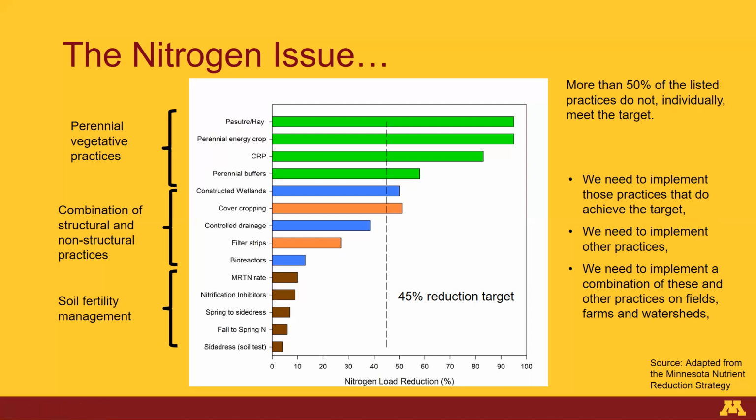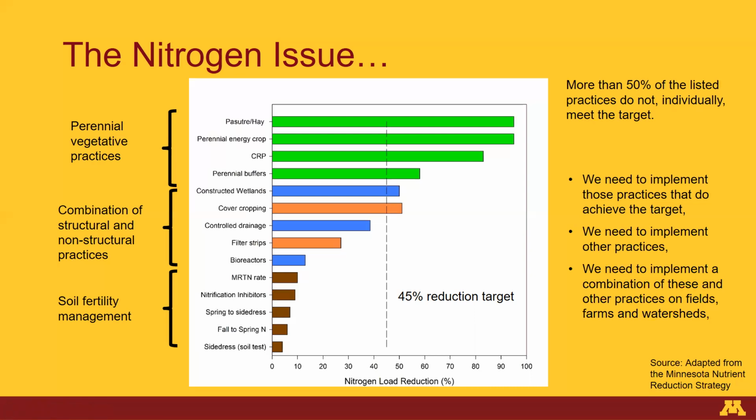So in other words, none of these practices, whether it's a bioreactor, a perennial energy crop, a cover crop, they're not a silver bullet that is going to solve the nitrogen issue wholesale. What we really need to be thinking about is an integrated approach where we use a combination of these types of practices where they fit.